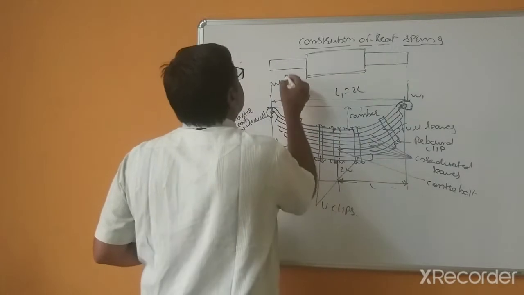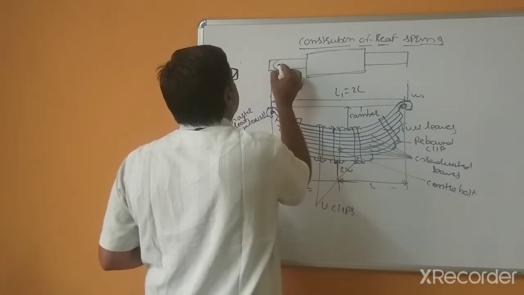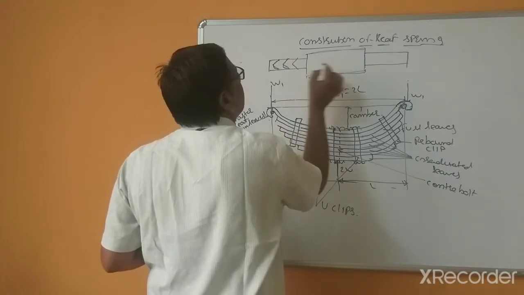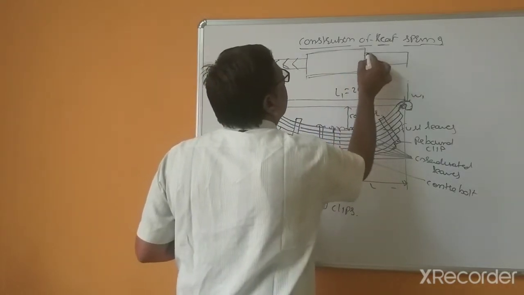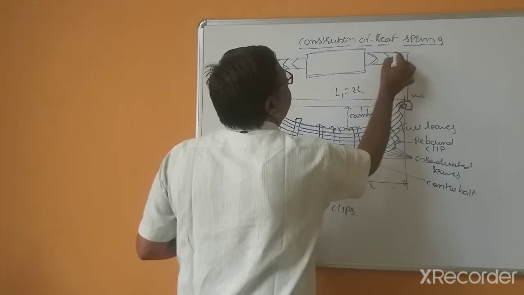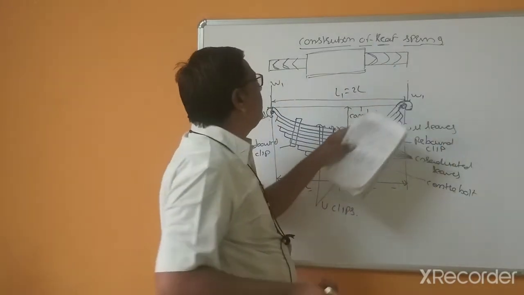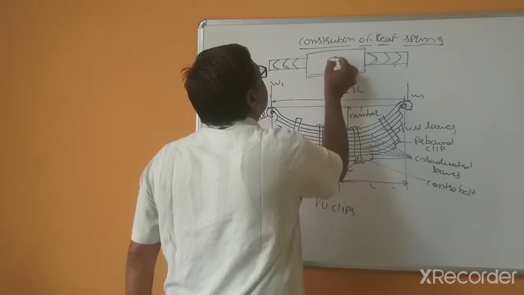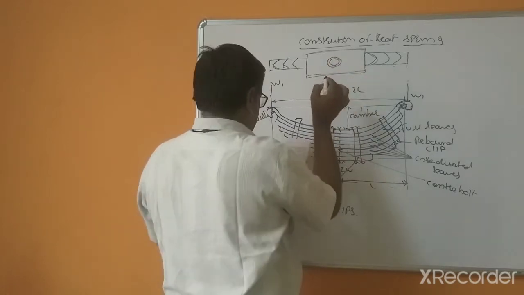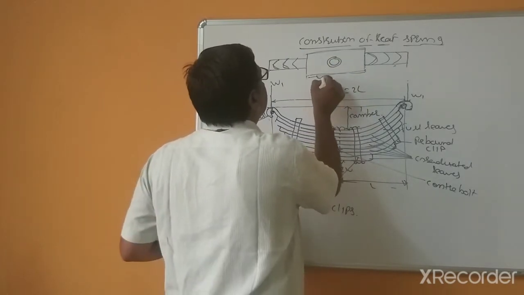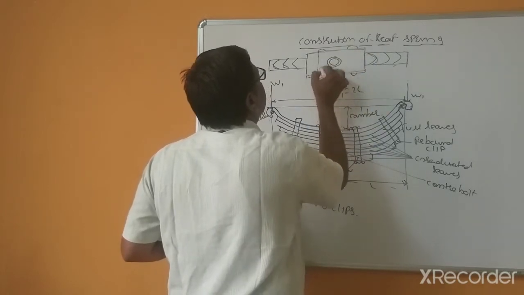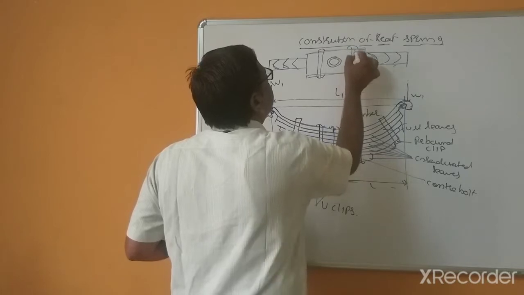Now this is of triangular type, because of these graduated leaves. This is the center, and these are the clips, U clips.